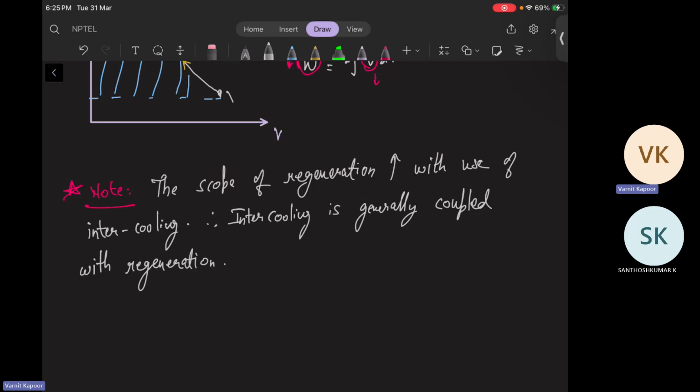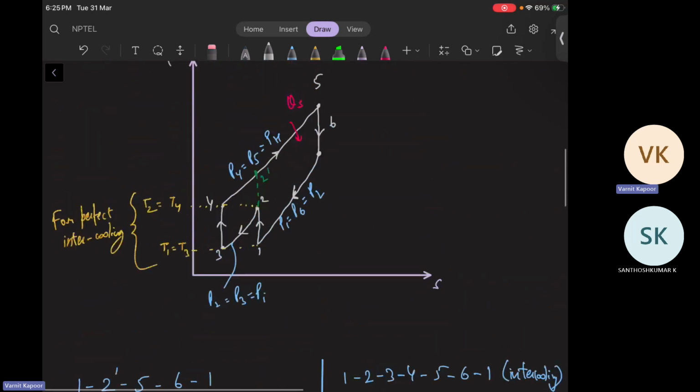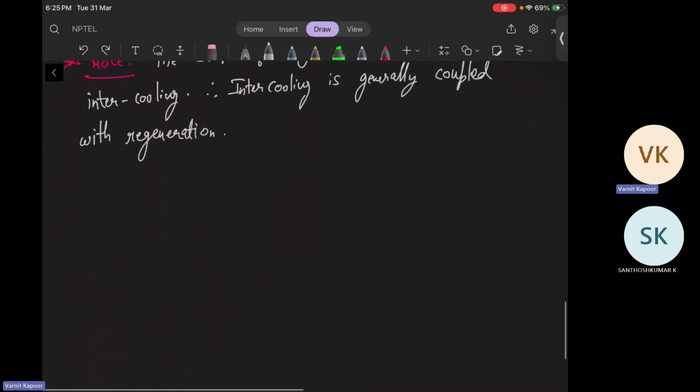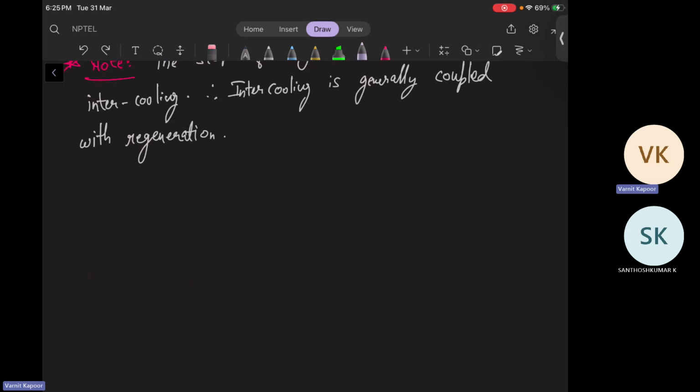Now let us come to the condition for minimum work output with perfect intercooling, as we saw for perfect reheating also. For perfect intercooling, the conditions will be the same as for reheating, so we won't go into the proof. We will just write it down directly. Conditions for minimum work output.